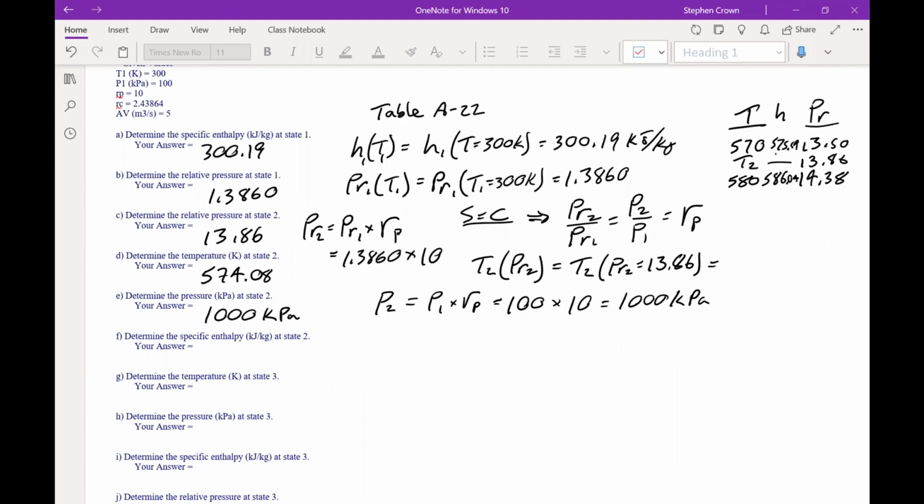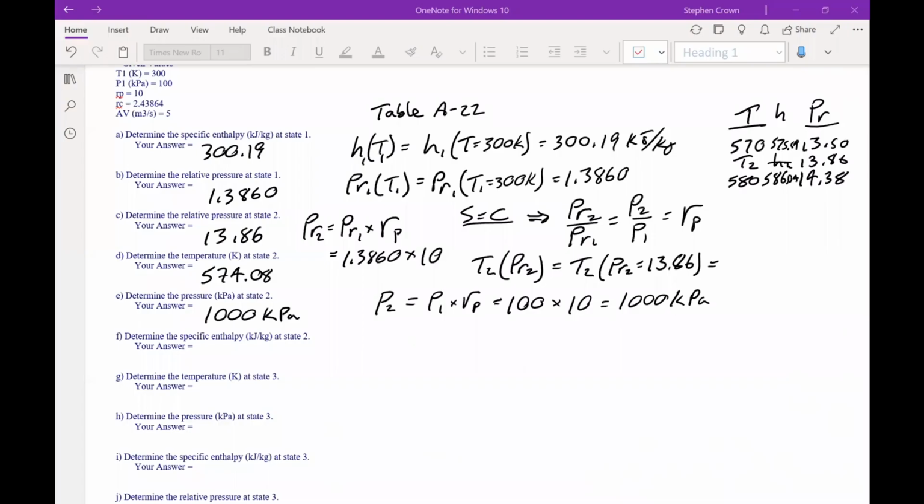And so my h2, I interpolate to find that value, and interpolating gives me 579.87.